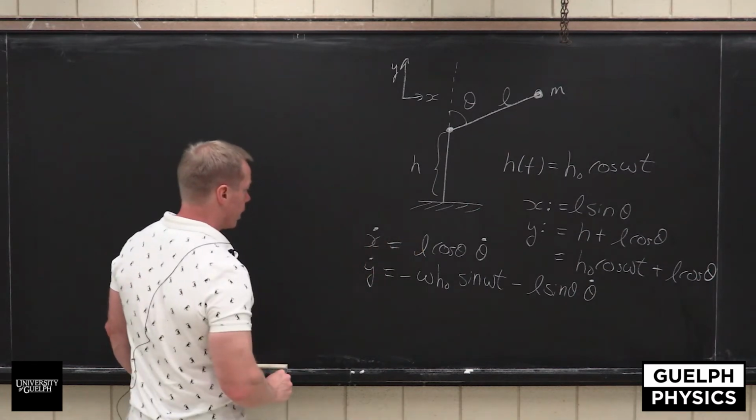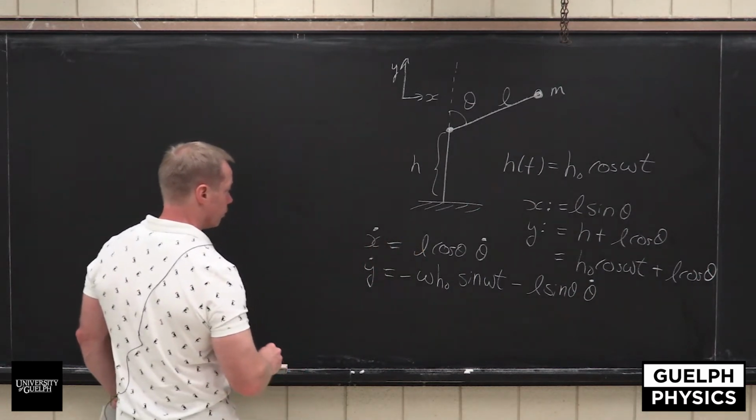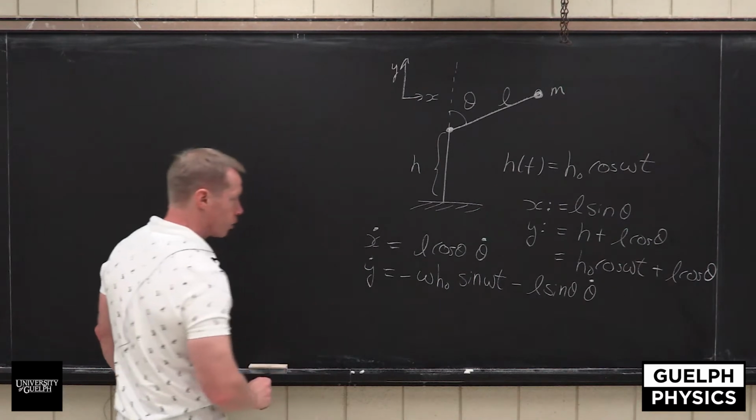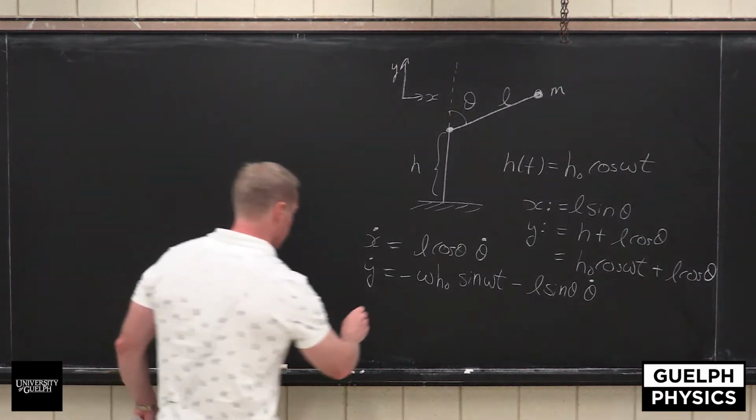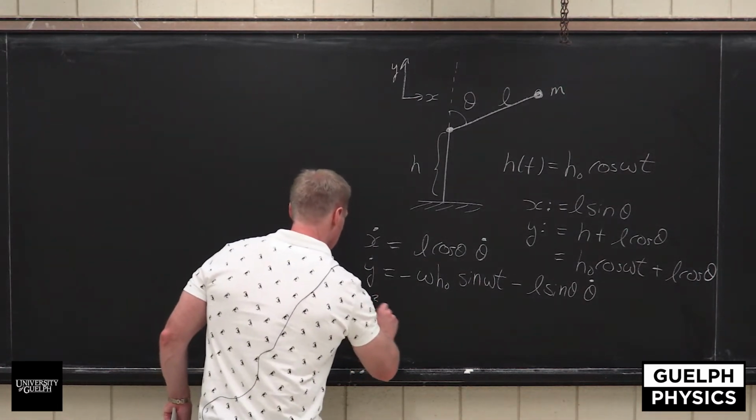So x dot squared is straightforward, but y dot squared takes a little more to work out, so let's do that.